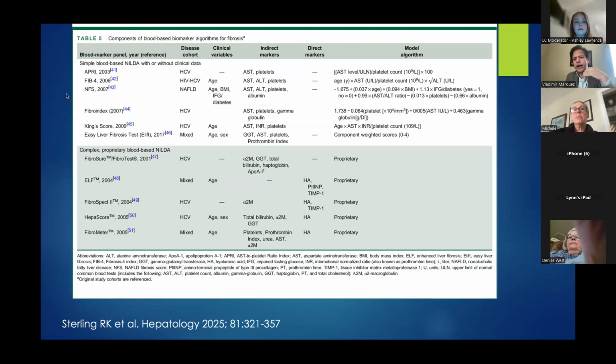This is just to provide a little bit of what the mathematical calculations are that we can use, and in some of them we don't know what the mathematical calculation is and what are the elements of the blood test that are requested for each test. It's just to give an idea of these various tests that are available.